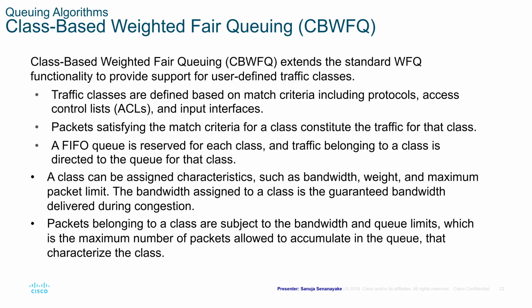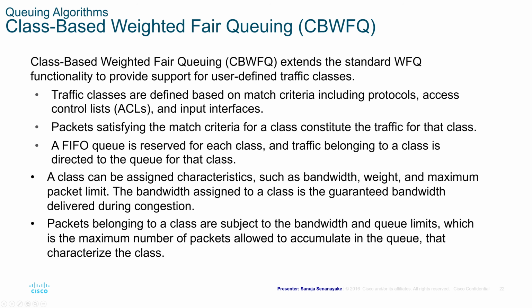Traffic classes are defined based on match criteria, including protocols, access control lists, also known as ACLs, and input interfaces. If you recall ACLs from my previous lecture, remember what the ACLs are doing to traffic. These traffic classes are defined based on match criteria, not only protocols but also ACLs and input interfaces.